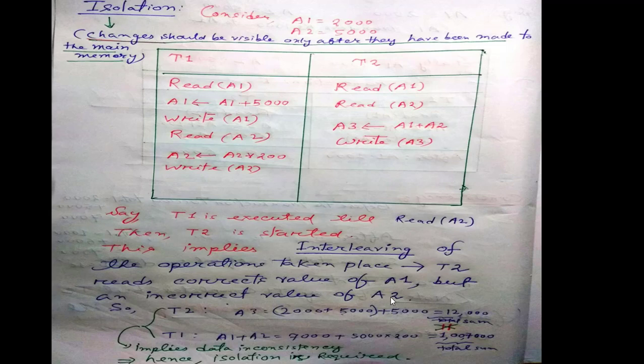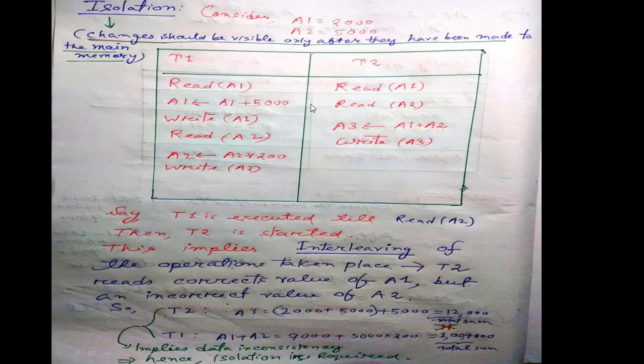Got it? So what happens in case of T2? A1 is what? 2000 plus 5000. Why? Because this value of A1 is being updated by write A1, and read A1 takes place after this write A1. So it will take the exact updated value, that is 7000 for A1, plus A2, that is 5000.